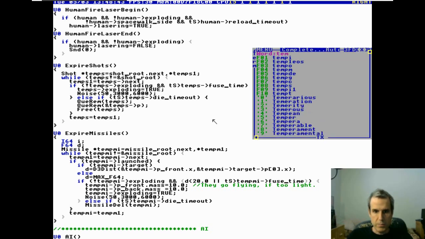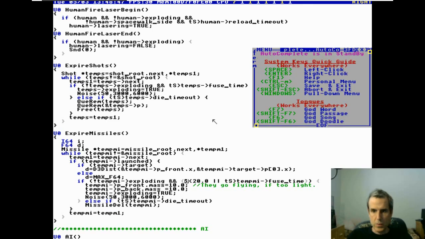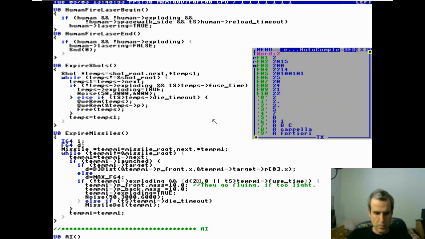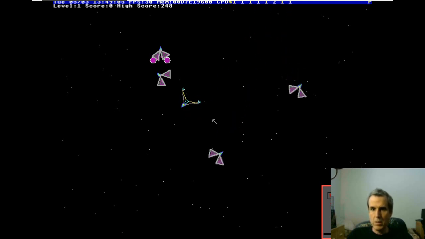If not exploding and distance is less than 20 or TS is greater than fuse time 30. Oh, it's not targeted anymore.